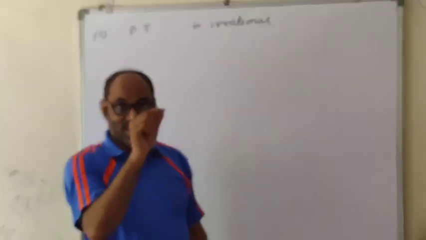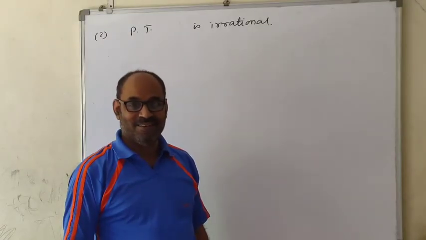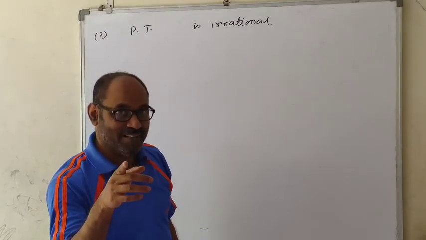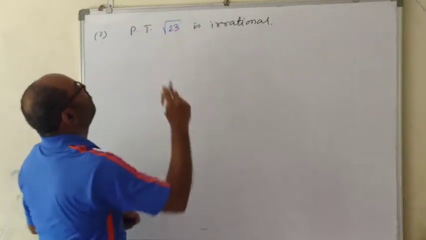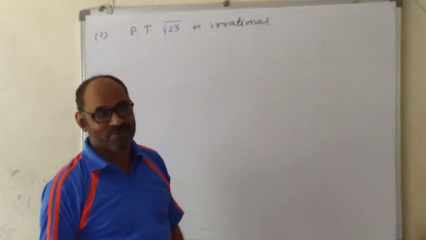Square root of a prime. Can you give me one prime number? Yes, Vraj, I can hear you. What did you say? 23. All right. I'm taking 23. 23 is prime and the square root of a prime is irrational. That is what we are going to prove.